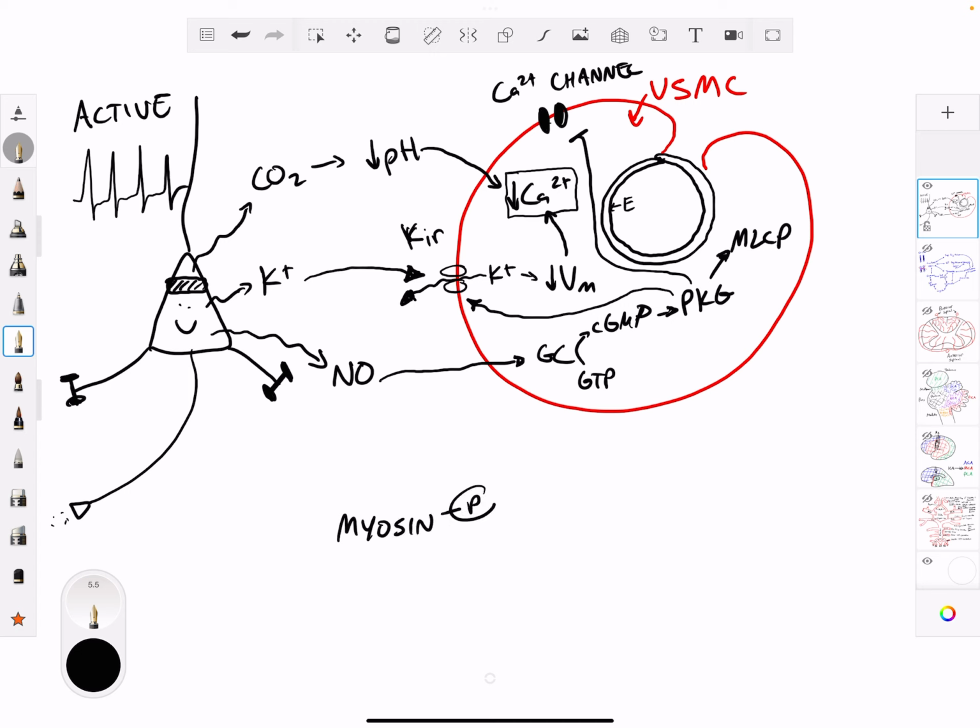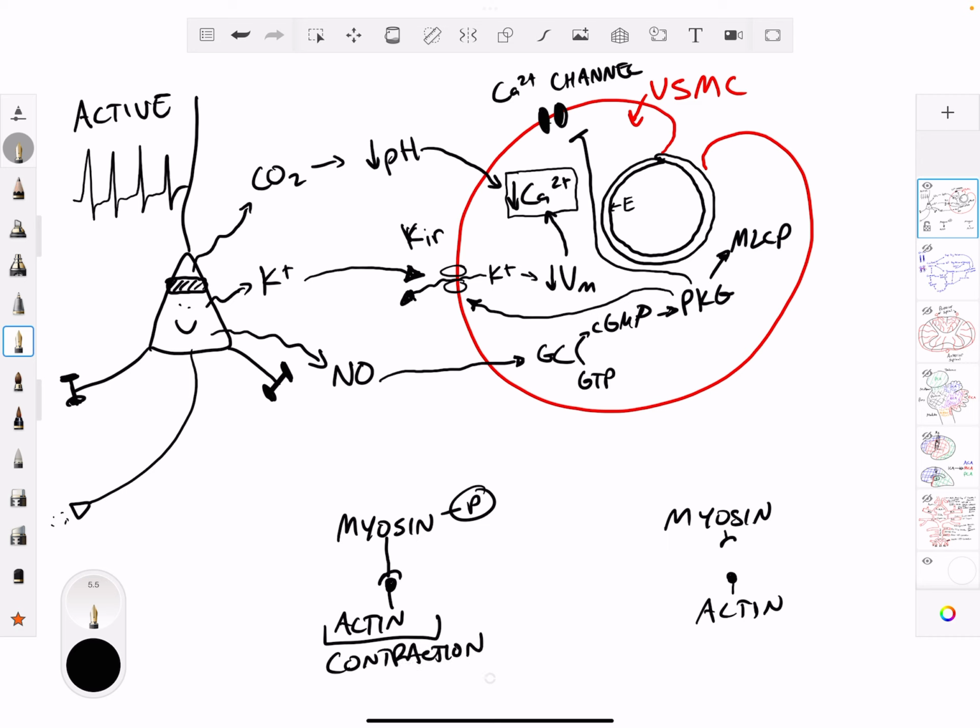It can be phosphorylated, or it cannot be. If myosin is not phosphorylated, it can't bind actin. Look at that. They're not bound. Here it is trying to grab out, but nope. Only when myosin is phosphorylated can it reach out and grab onto actin. And then we get contraction.